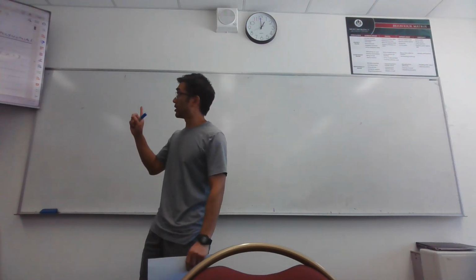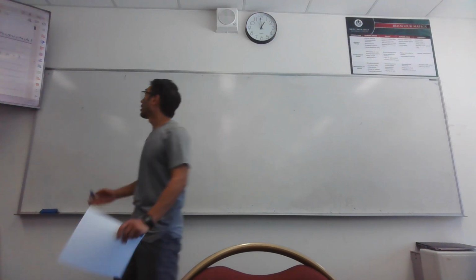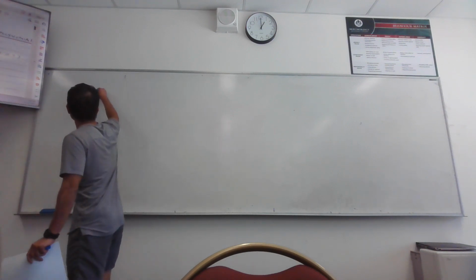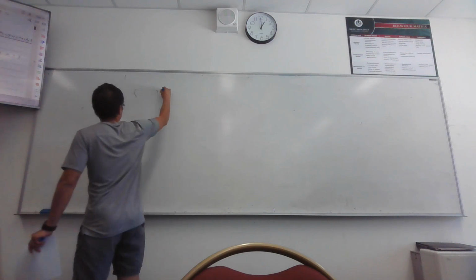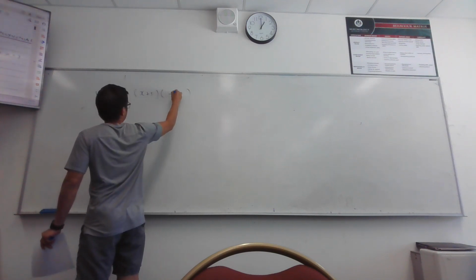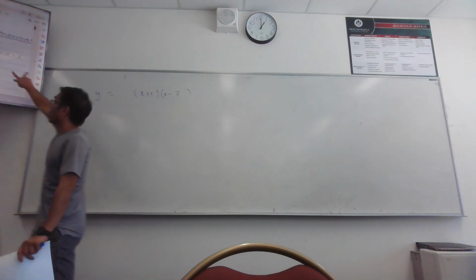Now, the title is Determining the Rule of a Quadratic Polynomial. For the first question, a parabola has x-intercepts at x equals -5 and x equals 3, and it passes through the point (4, 3). Find the rule for this parabola. If you are given x-intercepts, you can find the equation straight away using the null factor law, the opposite of each root.